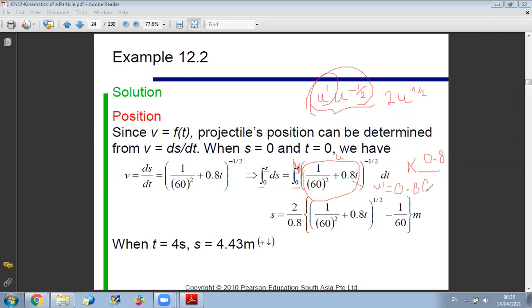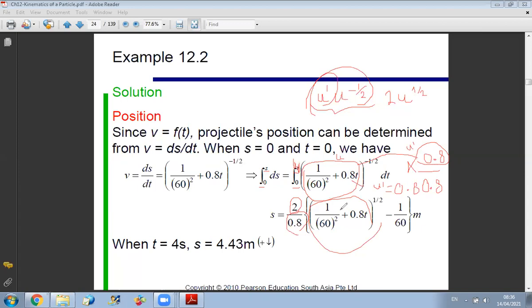So then you can consider that 0.8 is u prime. I will take it with the function and obtain u prime times u to the power minus half, which integration will give me 2 times u to the power 1 half. Okay, so that's it. But I still have a constant, which is 1 over 0.8. So I divide my result by 0.8.